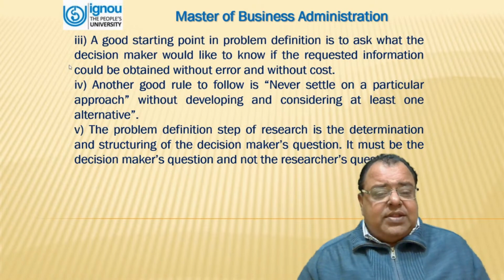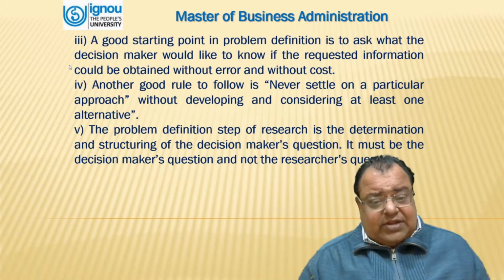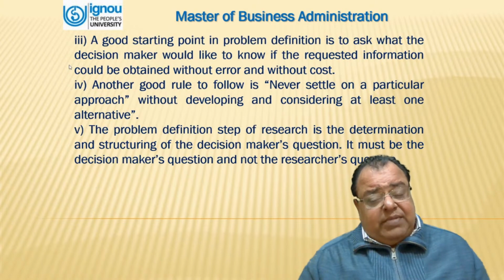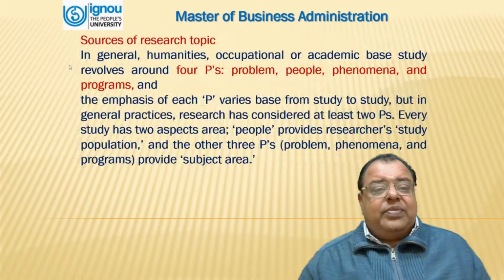And the fifth one is that the problem definition step of research is the determination and structuring of the decision maker's question. It must be the decision maker's question and not the researcher's question.